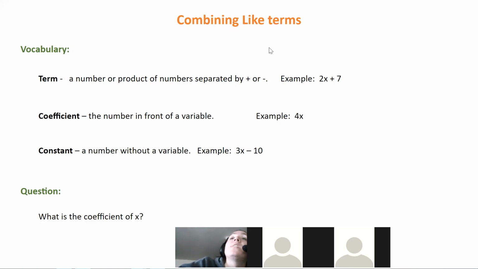I'll give you a helpful little underline. What is one of the terms there? And there are 2. Okay, I'll give you one term. One term is that 7. What's the other term?